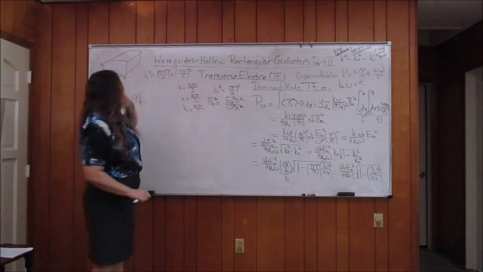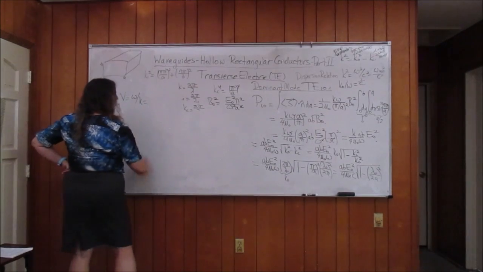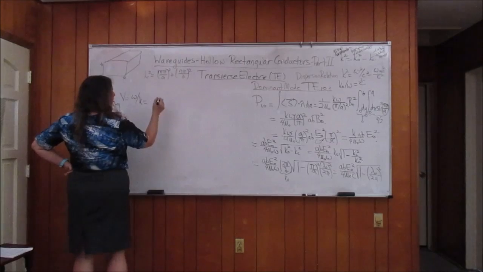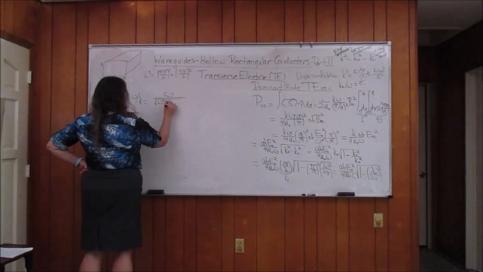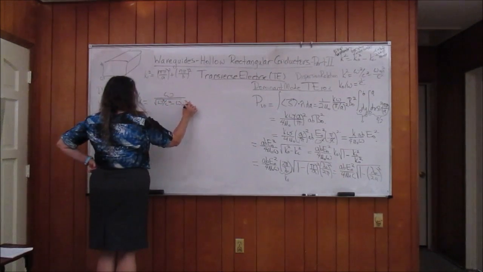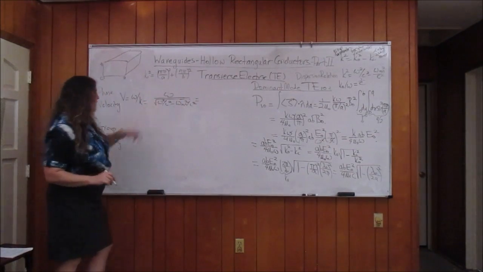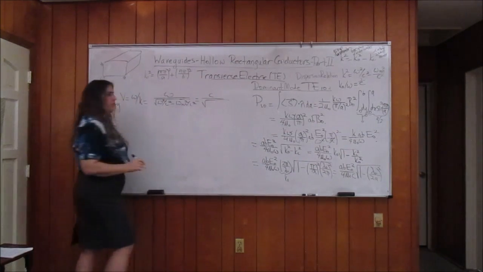So using my dispersion relation, omega over k, and c flips up into the numerator.